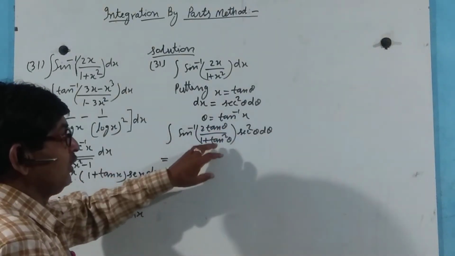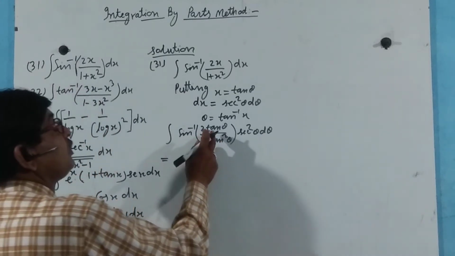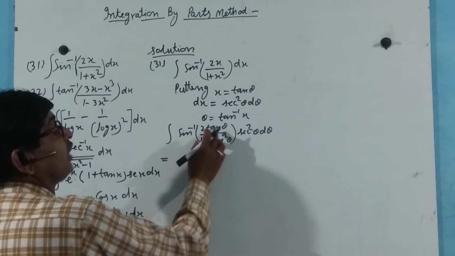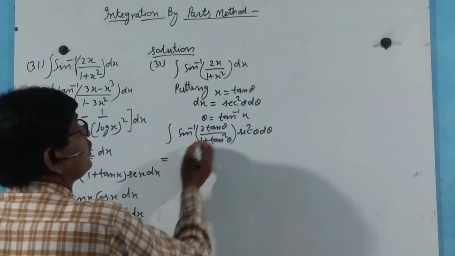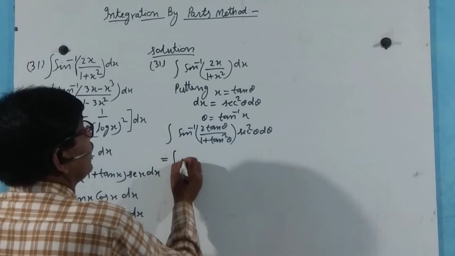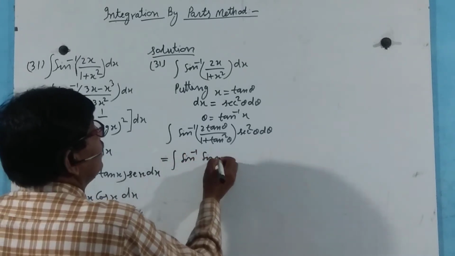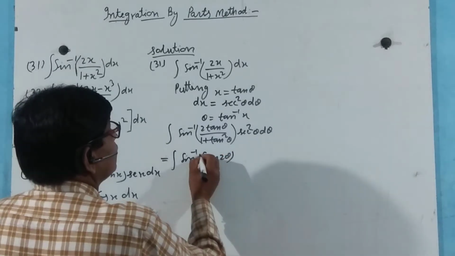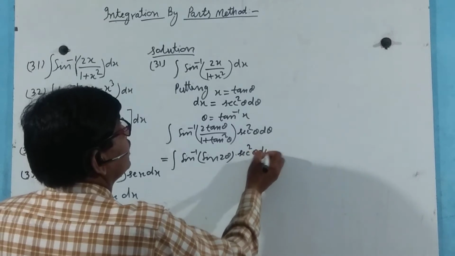If you put tan theta and tan square theta in sin and cos, then we get this equal to sin 2 theta. So the integration of sin inverse sin 2 theta into sec square theta d theta.